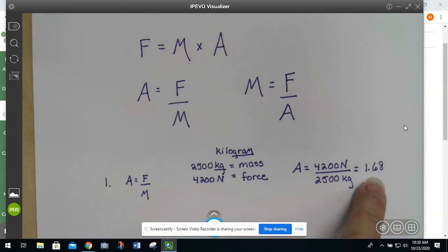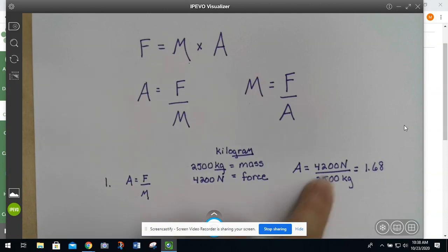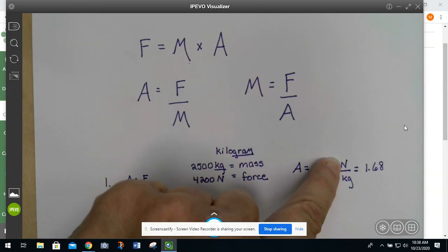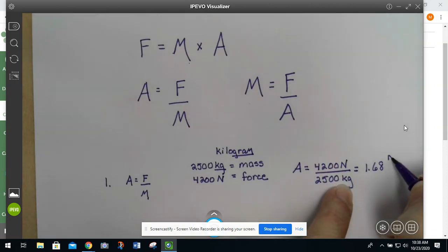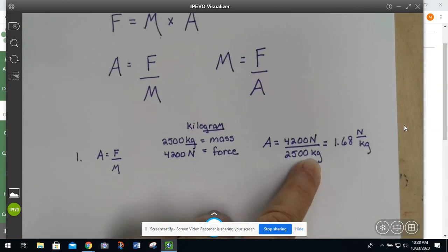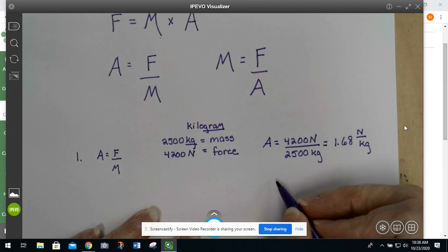Now, this is where it gets a little tricky, guys, okay? I'm solving for acceleration. Look what I have left over as far as my units. I have a newton and I have a kilogram. So I'm going to write it just the way it looks. I have a newton and I have a kilogram. Well, okay, but that is not really what we usually are looking for with acceleration.